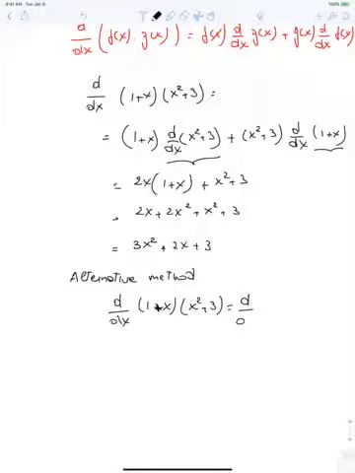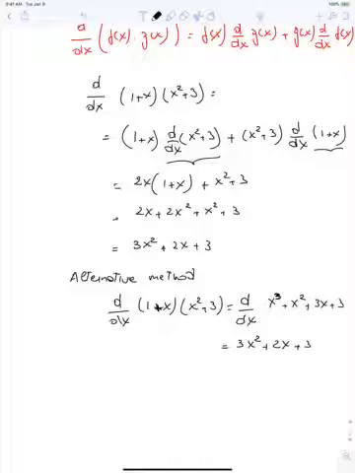This is the derivative of x cubed plus x squared plus 3x plus 3. Now we can do this derivative using the linearity. So we do the derivative of each single term and then we sum them up. So this is 3x squared plus 2x plus 3, and the derivative of 3 is 0. So this gave the same result as the other one.